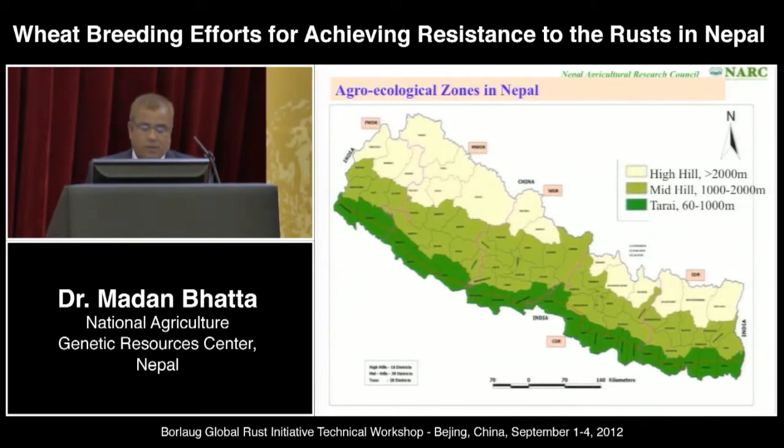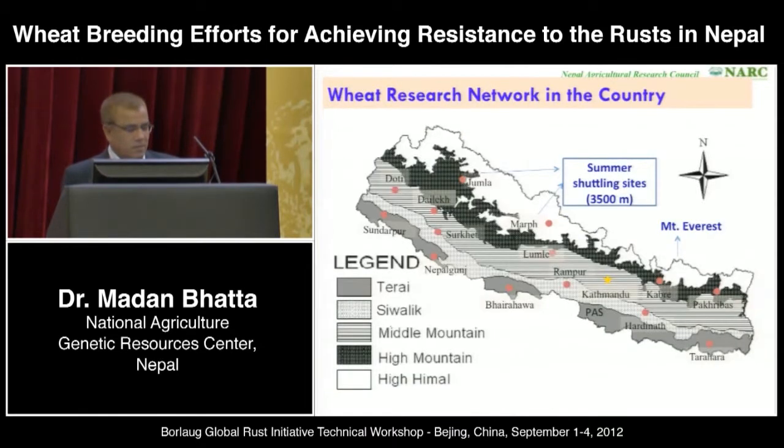The mid hills and high hills are highly prone to stripe rust, and the lower plain, Tarai of Nepal, has leaf rust and leaf blight problems. Summer wheat is being grown in the central hills of Nepal.